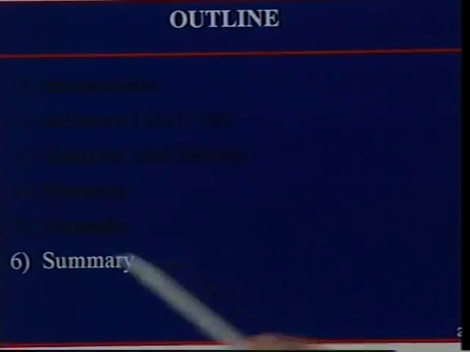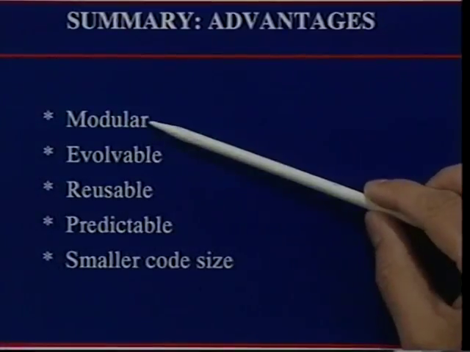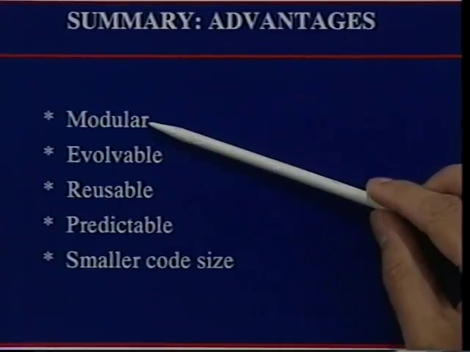Now to summarize, object oriented software development has several advantages. The object oriented programming concepts have several advantages. Modular: because objects are modular units, we can develop code in a modular manner.